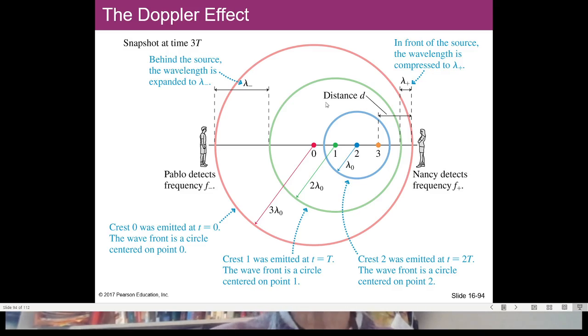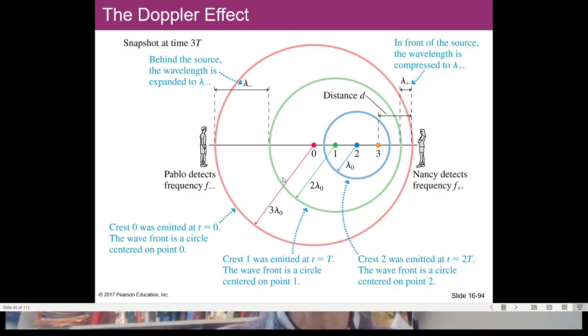Suppose that here's the source at t equals 0, but that the source is actually moving from here to here to here to here. Well, in that case, here's the wave that it emitted at t equals 0, and it's been 2 more seconds or 3 more seconds since then.